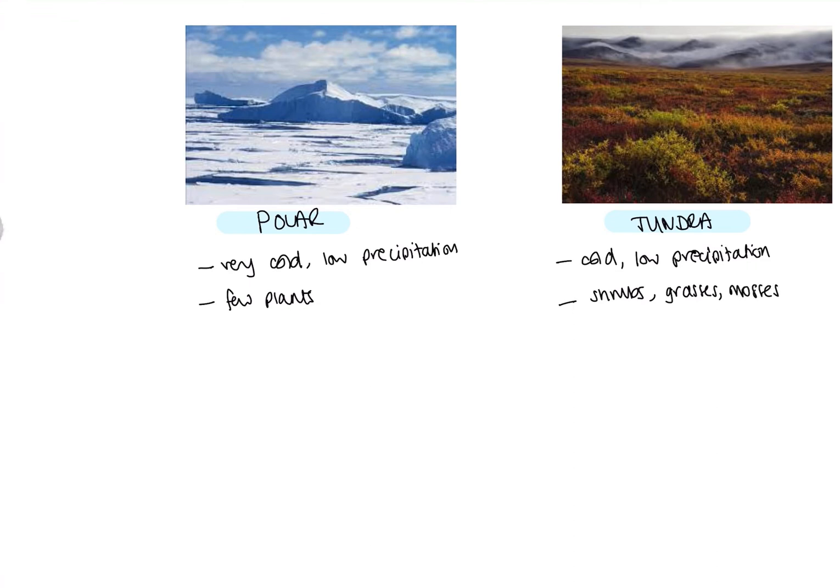If we think about average temperature, well, polar is reaching minus 90 degrees. Tundra here is about minus 50 degrees. I guess that might account for the difference in plant species. Again, we think about people and how people play a role in this environment. So polar here, mostly we could say uninhabited.